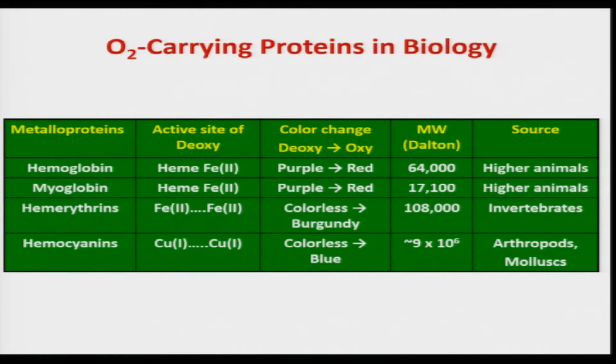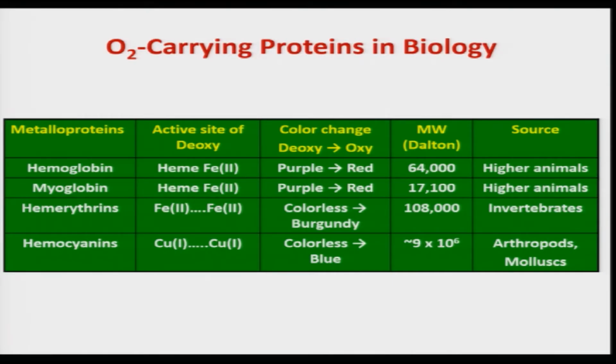Now, in contrast, hemerythrin is also an iron containing protein, but a non-heme protein, and in the deoxy form it is an iron 2 diiron protein. We will discuss in detail. The color change from deoxy to oxy is colorless to burgundy, the molecular weight is very high, 108,000, and invertebrates have hemerythrin in their body.